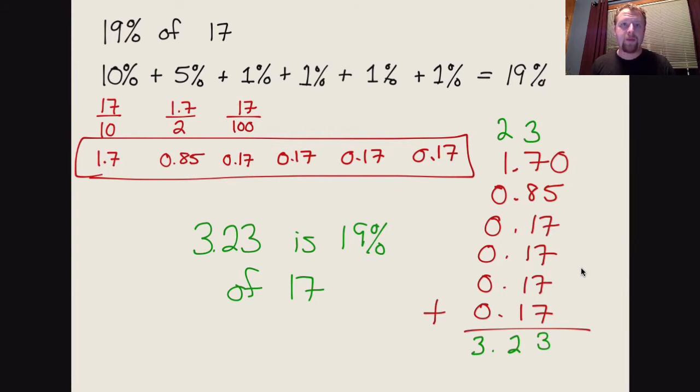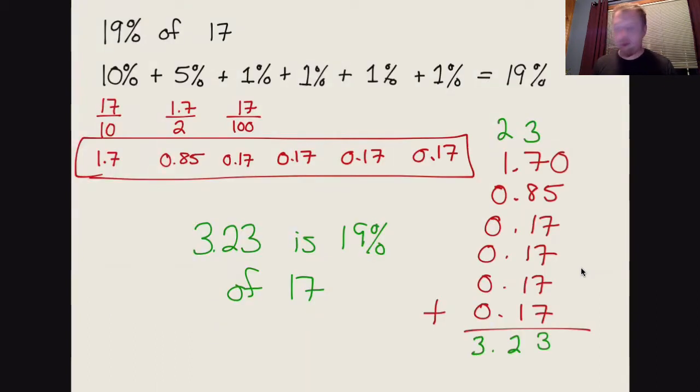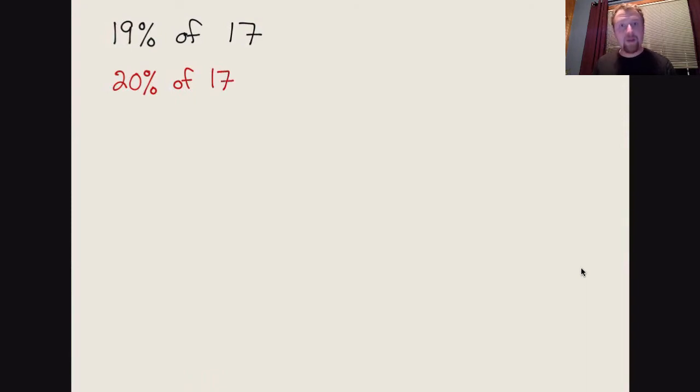Most of your problems are going to try to deal with things that are 10%, 1%, 25, 50, 20%, and things very close to that. Okay, there's another approach we could have taken with this problem, and that is if we had done it this way. 19% of 17 is really the same thing as finding 20% of 17, but then subtracting 1%.